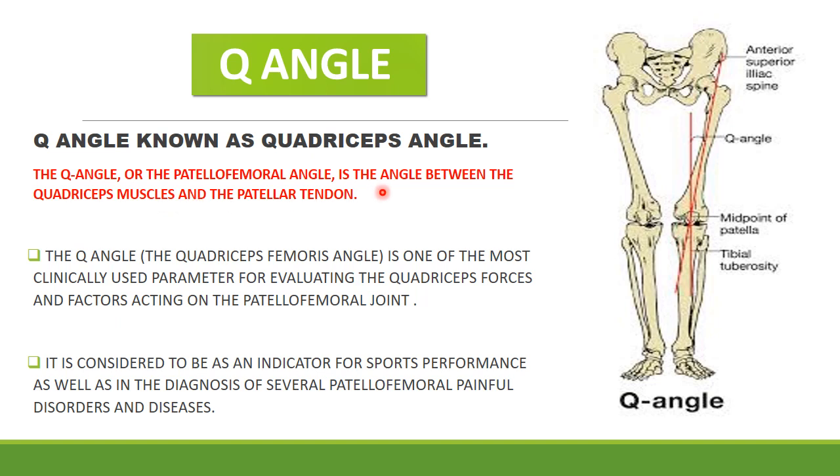The anterior part of the knee muscles is the quadriceps femoris, and here the quadriceps femoris merges into the patellar tendon. The Q angle is one of the most clinically used parameters for evaluating the quadriceps forces and the factors acting on the patellofemoral joint.